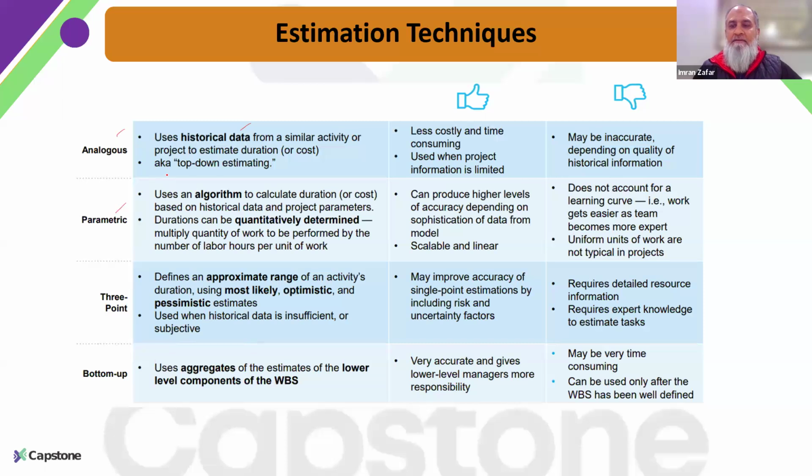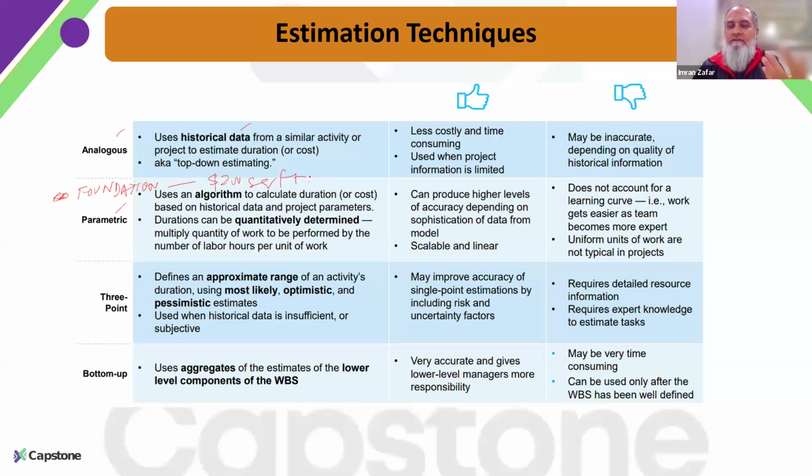The second one is parametric estimation, which is basically doing some quantitative calculation based on certain parameters that we may have from the market or from some historical background. So let's say I have the information that to do the foundation work, it will cost me, let's assume anything, $200 per square feet.